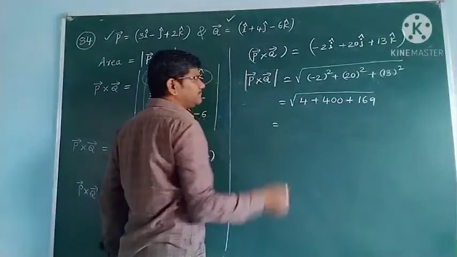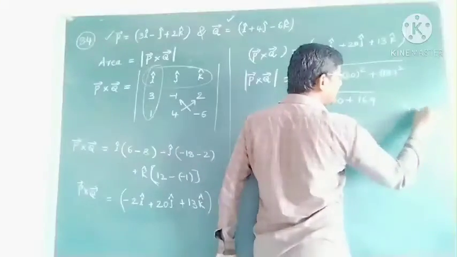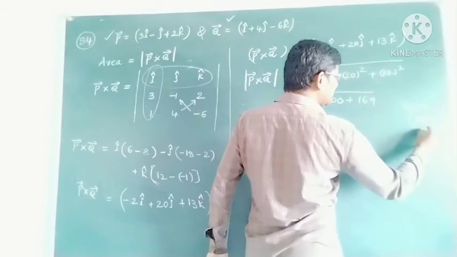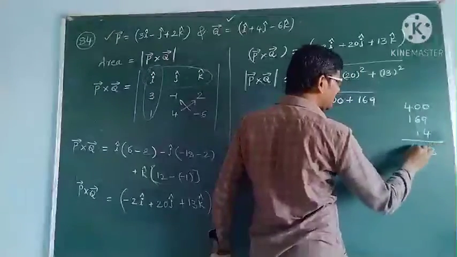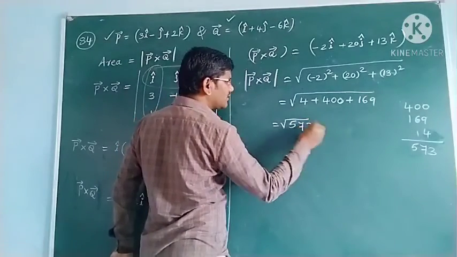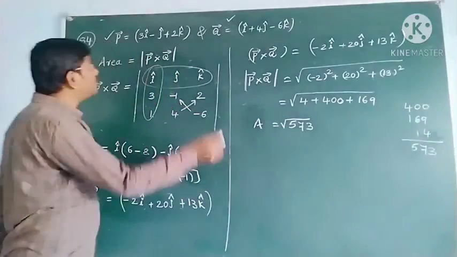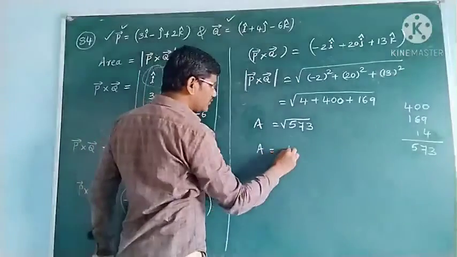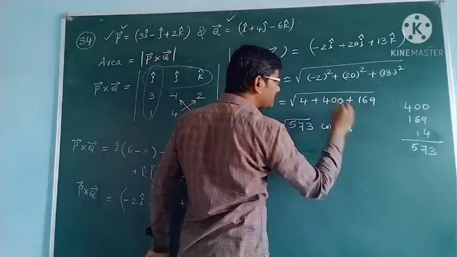So 400 plus 169 plus 4, you will get 573. So root 573 is called area of the parallelogram formed by p bar and q bar vectors. So A is equal to root 573 units is the answer.